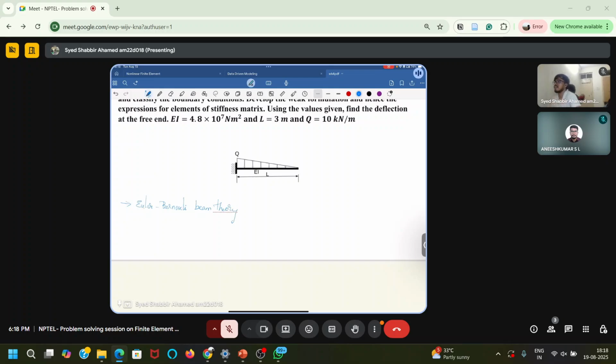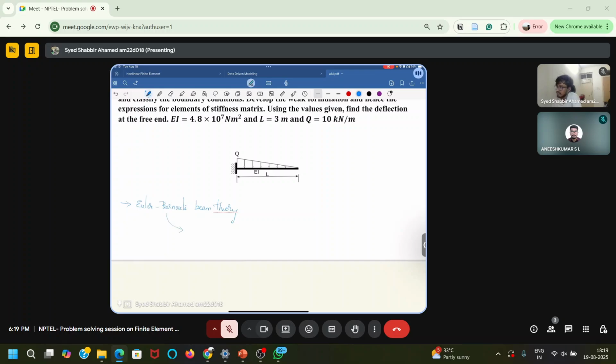We will assume that the deformations are elastic in nature, so that means if I remove the load, the structure will come back, linear elastic. I will also assume that my displacements are very small.